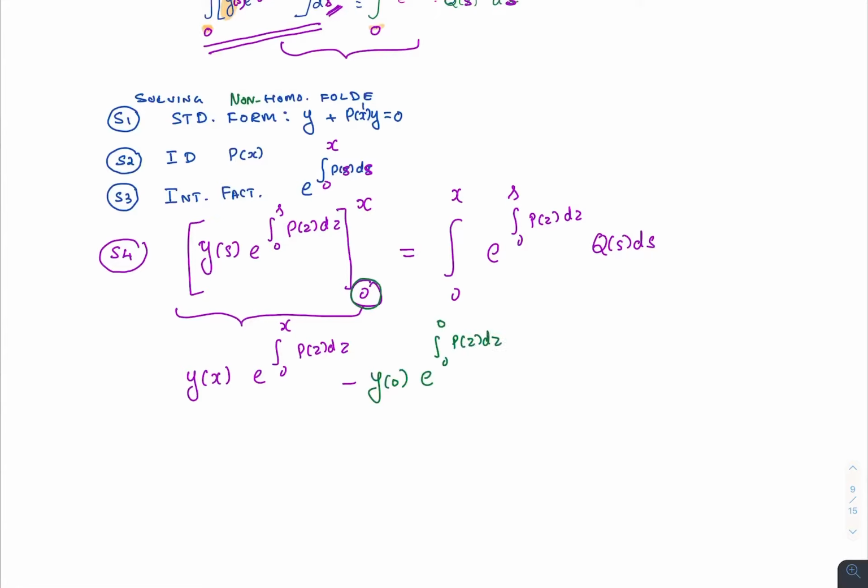But the integral from 0 to 0 is simply 0, so the whole thing is going to be 0.